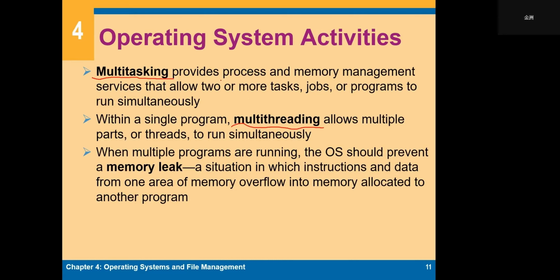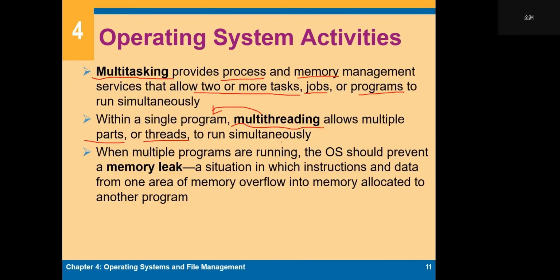It provides the process and memory management services that allow two or more tasks, jobs, or programs to run at the same time. And multi-thread only works within a single program. So multi-thread allows multiple parts or threads to run at the same time.